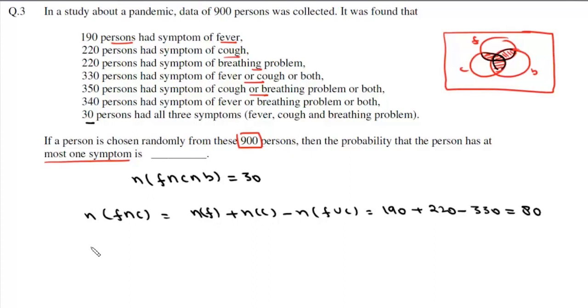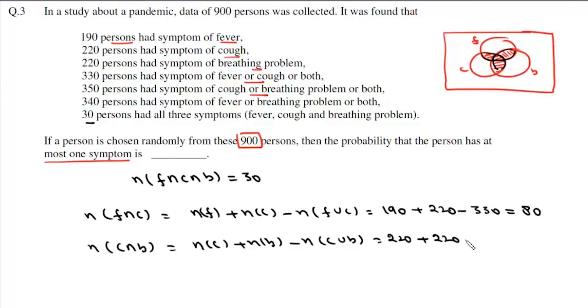And the same way we'll find N of C intersection B, it will be NC plus NB minus N of C union B. Now, number of people coughing is 220. Breathing problems, 220, minus both, 350. Now it will be 440 minus 350, which is 90.